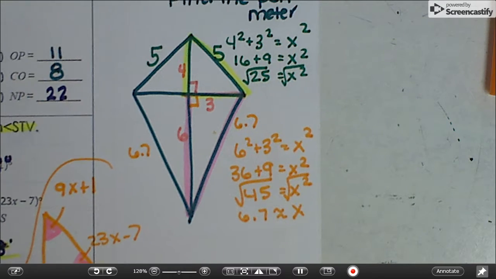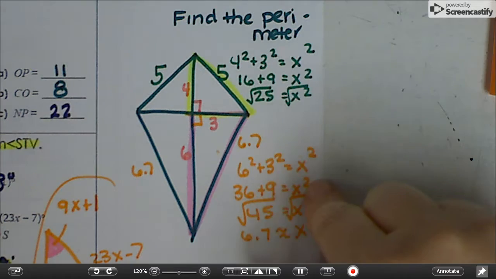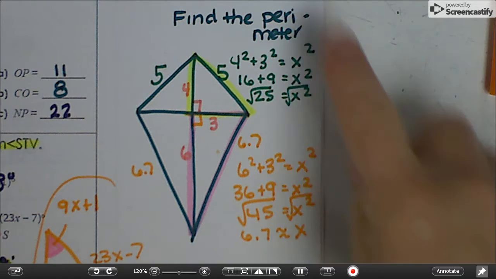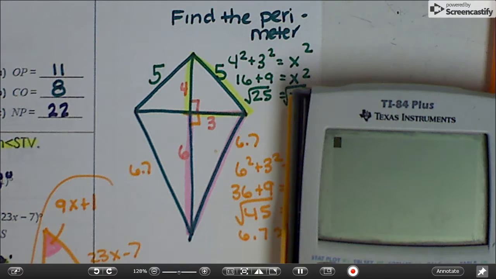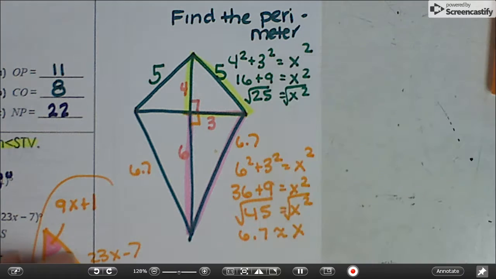So even though we are talking about a kite, we use triangle stuff, the Pythagorean theorem, to figure out those sides and to find the perimeter. All we have to do is add up 5 plus 5 plus 6.7 plus 6.7, and we have that the perimeter is 23.4.